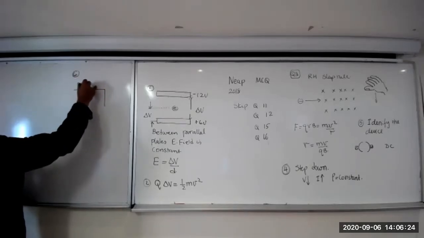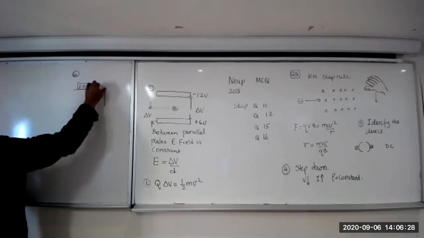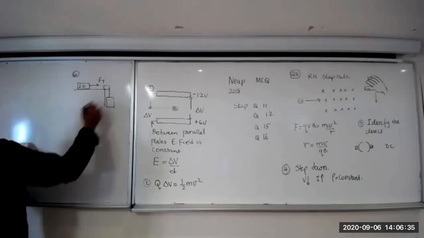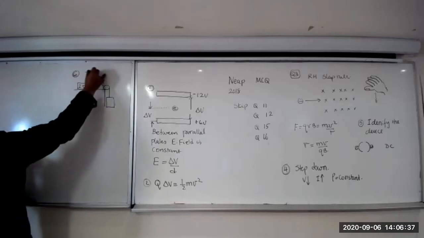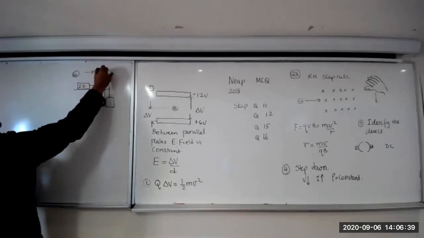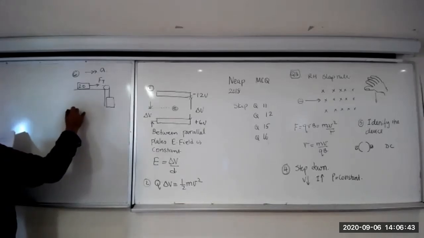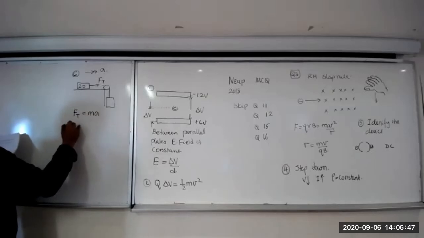When they ask you to find the tension, we need to find the acceleration first. So mass times acceleration, you need to find a.